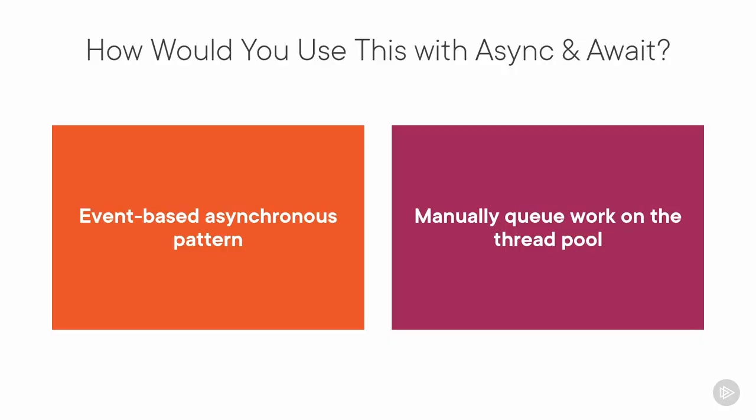Consider consuming a parallel or asynchronous library that doesn't expose the asynchronous operations using the task parallel library, meaning that it doesn't provide you with a task, but it has an alternative way to let you subscribe to when it's done.